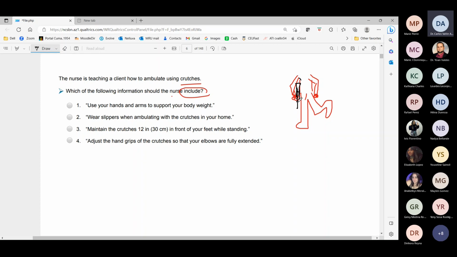Okay, and remember that these crutches should be in a position where the horizontal grab bar of the crutches is at a height that allows the elbow to be flexed at an angle of 30 degrees in relation with the crutches, okay, 30 degrees.